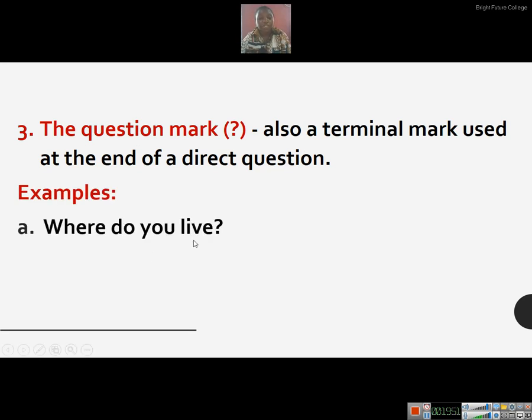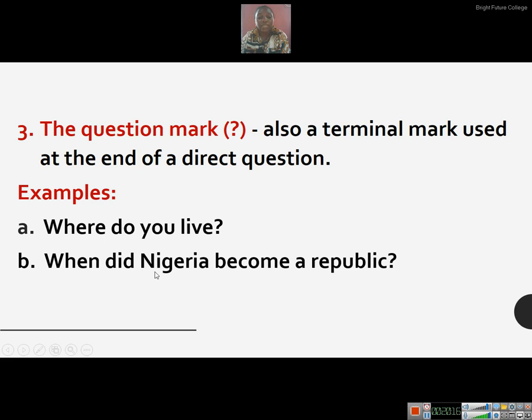Okay, let's see examples here. We have, "Where do you live?" That is a question, so we have the question mark there. Take note, this is how to write the question mark correctly. We use it to end sentences that ask a question, like interrogative sentences. The second example is, "When did Nigeria become a republic?"